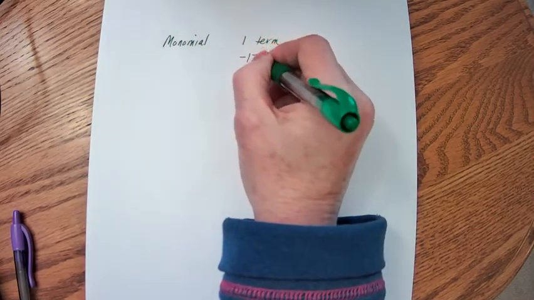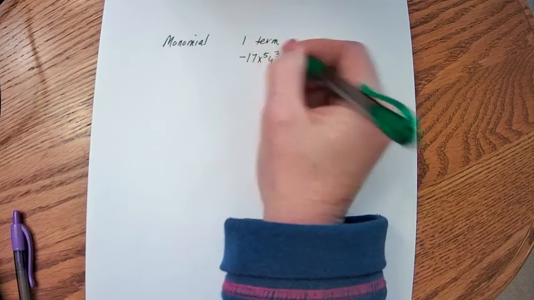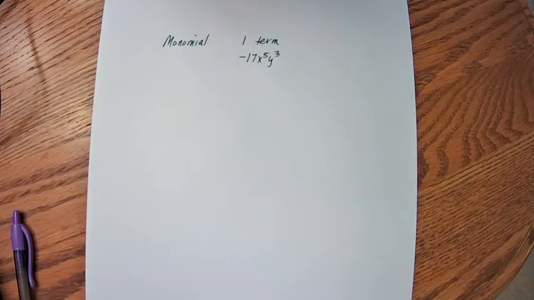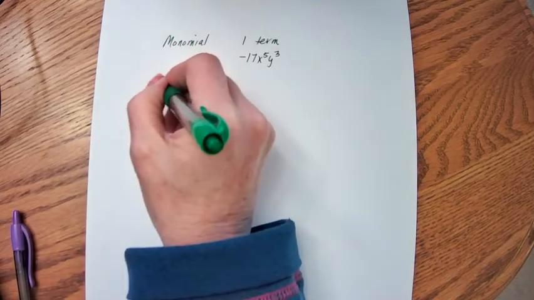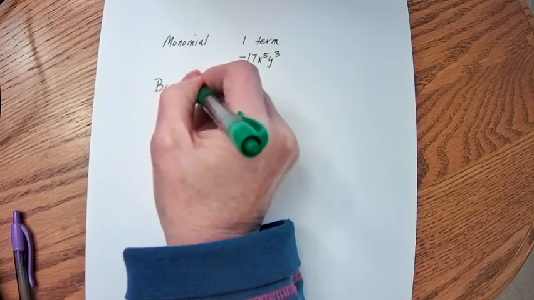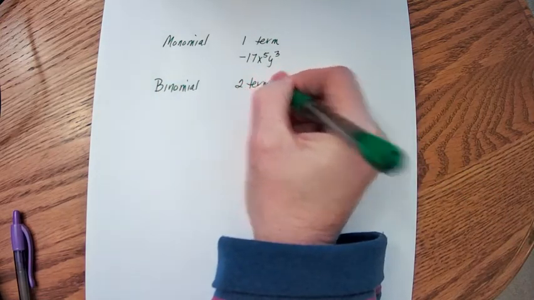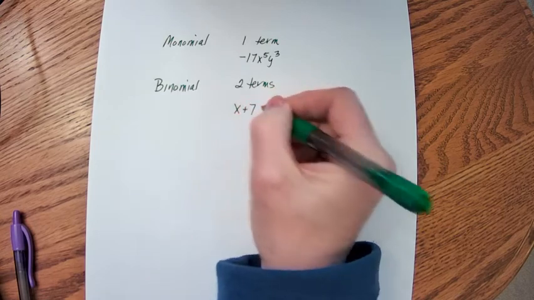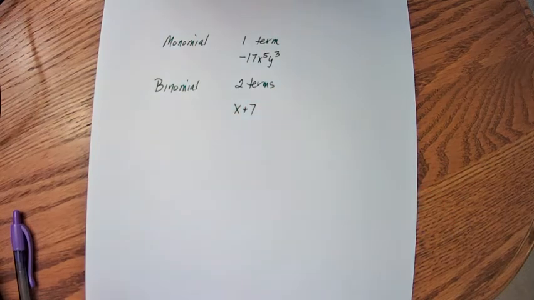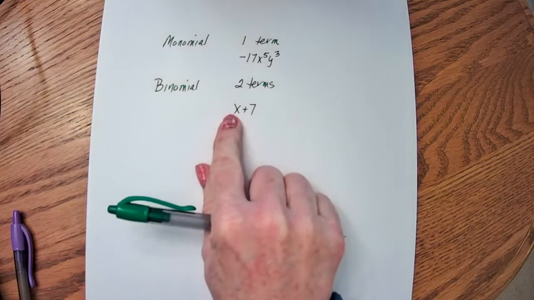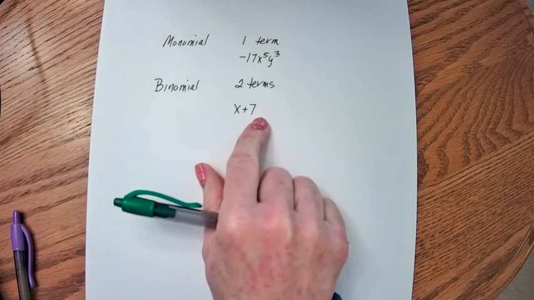Negative 17x to the fifth y to the third, that would be considered a monomial. A binomial, bi meaning two, has two terms. X plus 7. The first term is x. The second term is that positive 7.